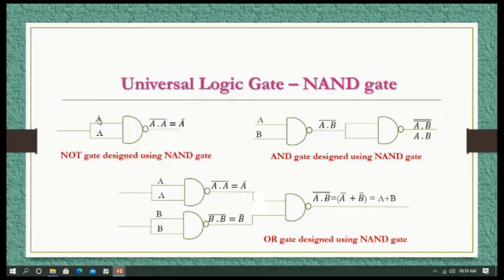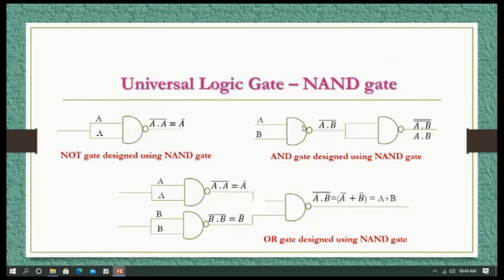When we provide the same input 0 and 0, so 0 dot 0 is 0, which complement is 1, so we get a 1. So by joining both inputs to a single input of a NAND gate, we can get the NOT gate. So this circuit represents NOT gate designed using NAND gate. If we provide 1, both inputs will be 1. This is 1 dot 1, so complement of 1, which is 0.